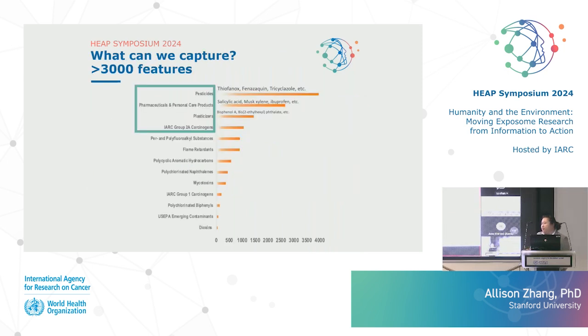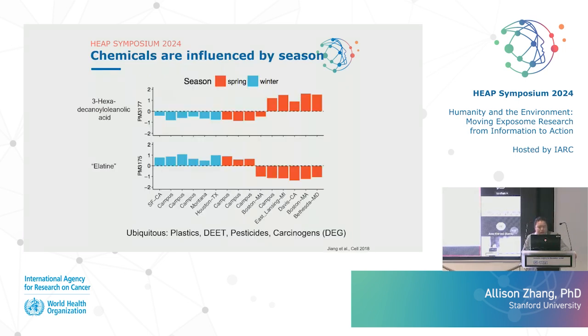What about the chemicals? On the chemicals, we have a similar picture. We can detect over 3,000 features from the chemicals that we collected. And the top categories include pesticides, personal care products, plasticizers, and also carcinogens. We also spot some interesting effects of season in chemicals as well.